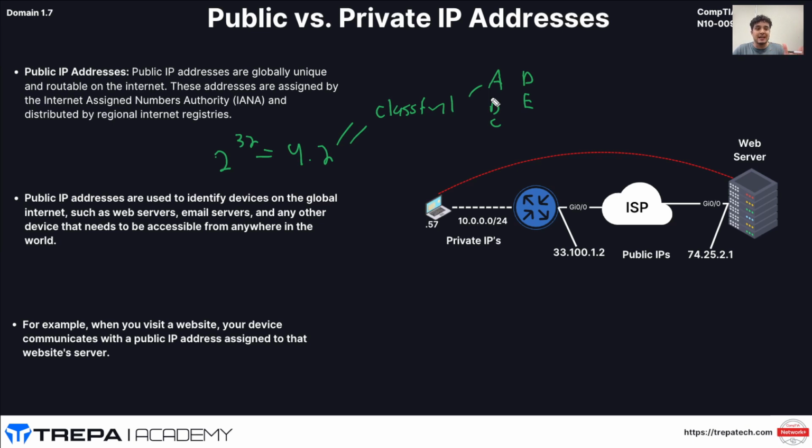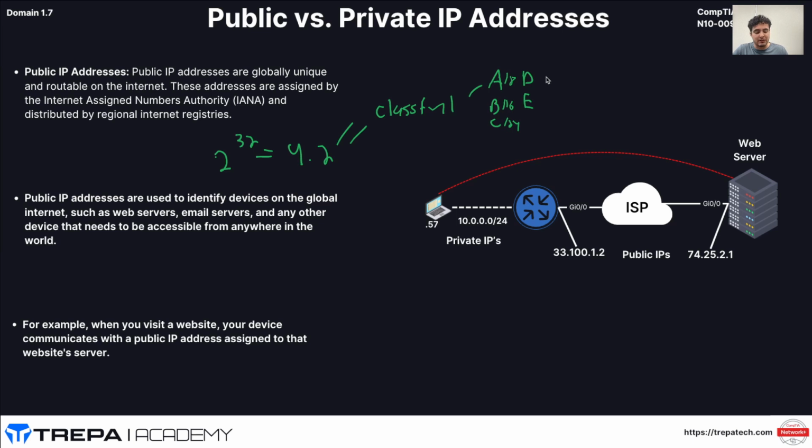So a /8 was for class A, a /16 is for class B, and a /24 is class C. So IANA, ICANN started saying, hey, we're going to give you a /8, and that's all you have, or a /24, and that's all you have, subnet from there of this public IP range, okay?